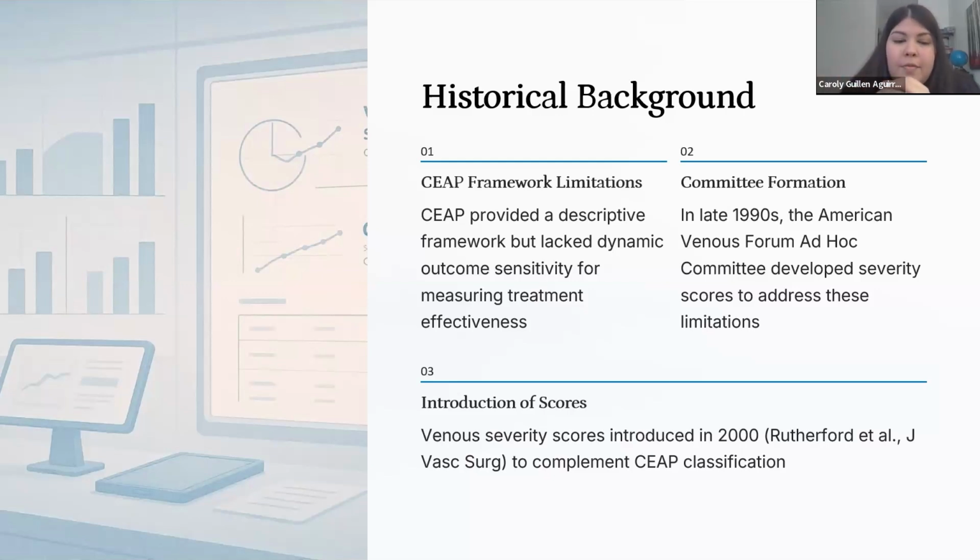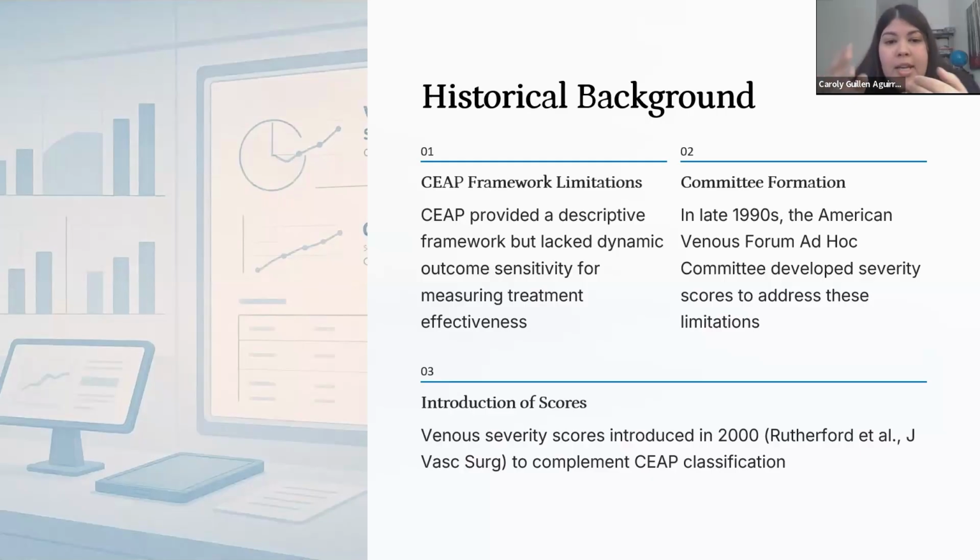Because, for example, if we have a patient that has a C6, active ulcer, and we do ablations on the patient, the most it can improve is to C5, like a healed ulcer, but it will not regress more because the skin changes will not change. So they needed a tool that actually evaluated the treatment outcomes for the patient.